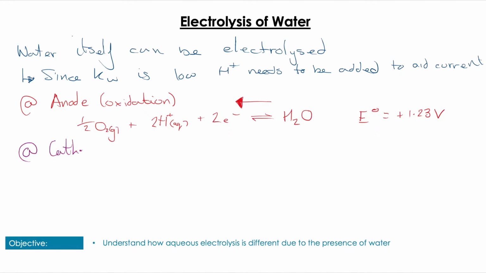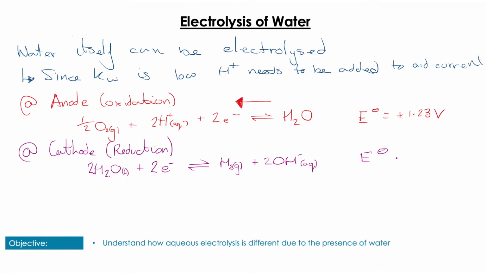Now remember, it's going to go left, and at the cathode we have the reduction. This is where we're going to get H2O plus electrons goes to H2 gas and 2OH minus, which has a value of minus 0.83 volts.